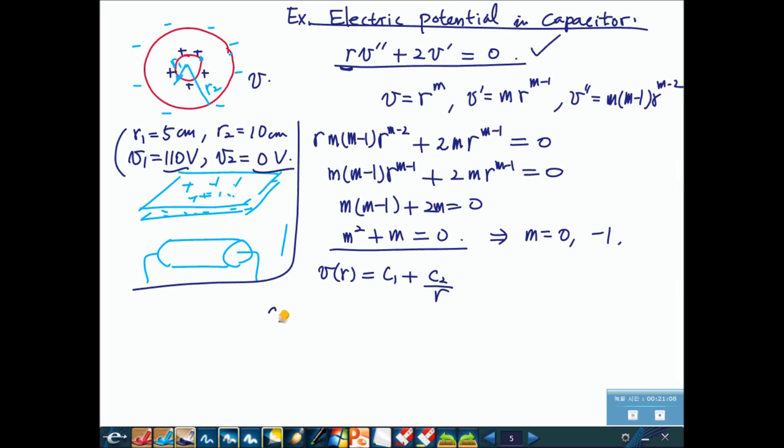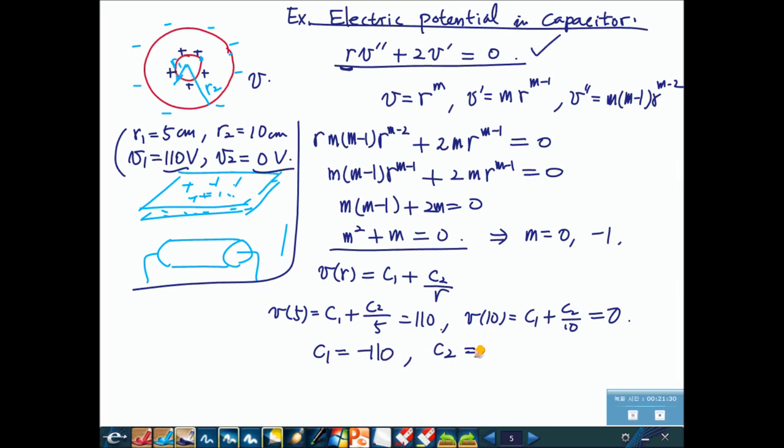Anyway, we use the boundary conditions to determine C1 and C2. V of 10 is C1 plus C2 over 10, which is 0. And by using this, C1 is minus 110, C2 is 1100.